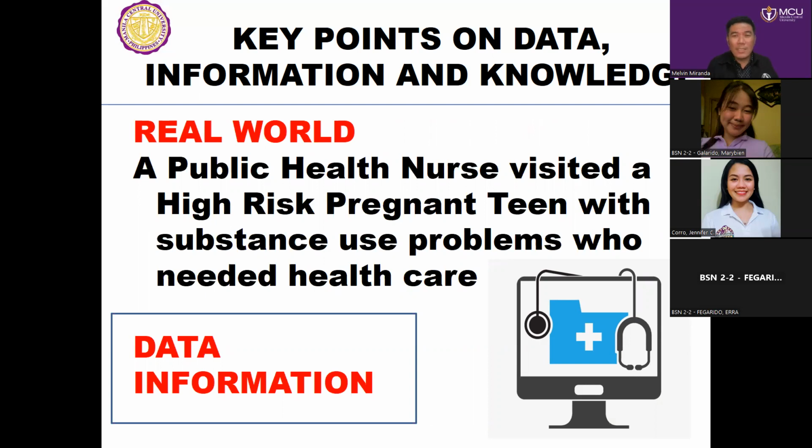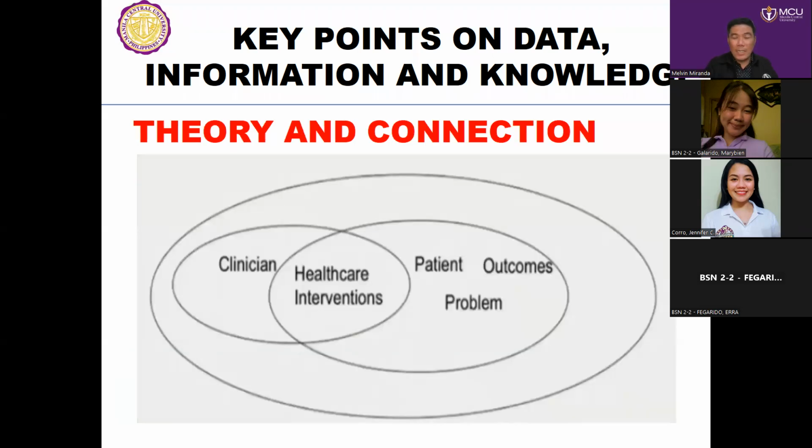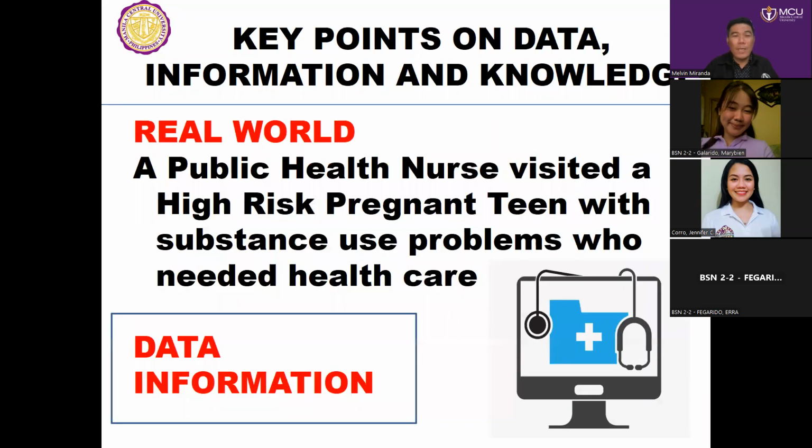A public health nurse visited a high-risk pregnant teen with substance use problems who needed health care. Let us go back to the concept of theory and connection: clinician, healthcare intervention, patient outcomes, and problem. In this scenario, we have identified the clinician already, the public health nurse.